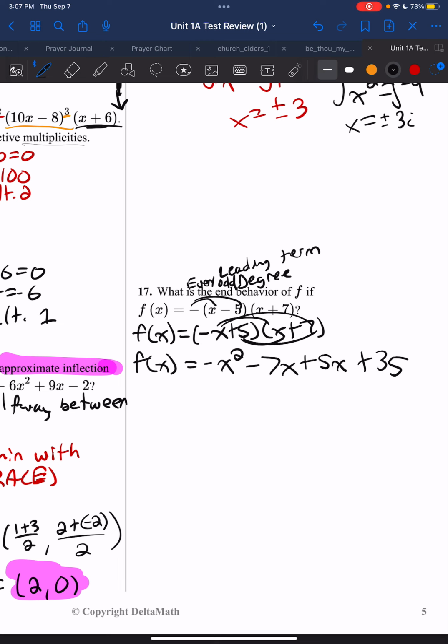And then if I combine like terms, I have negative x squared minus 2x plus 35. And in all reality, all we need is this leading term here in the front.